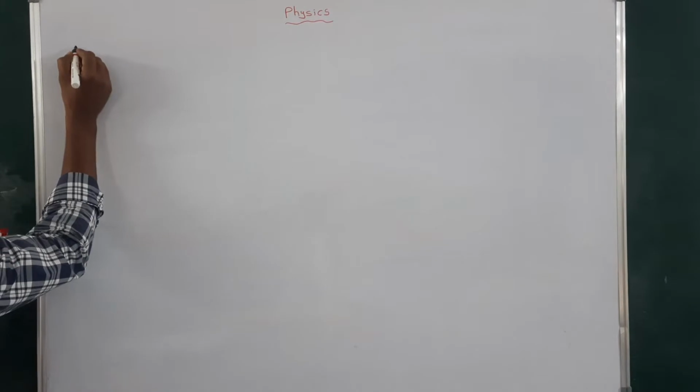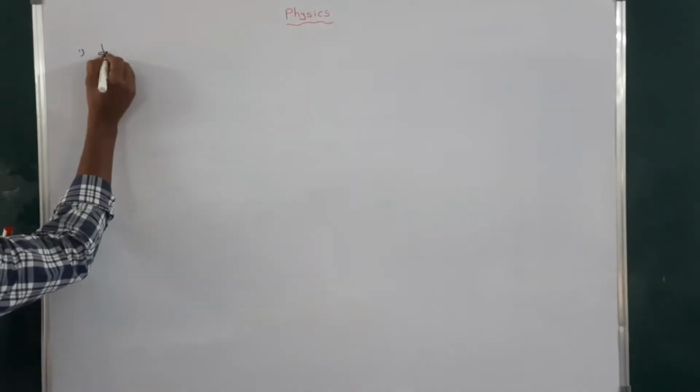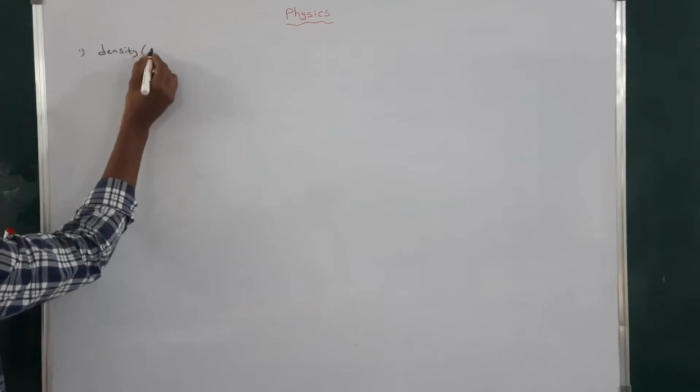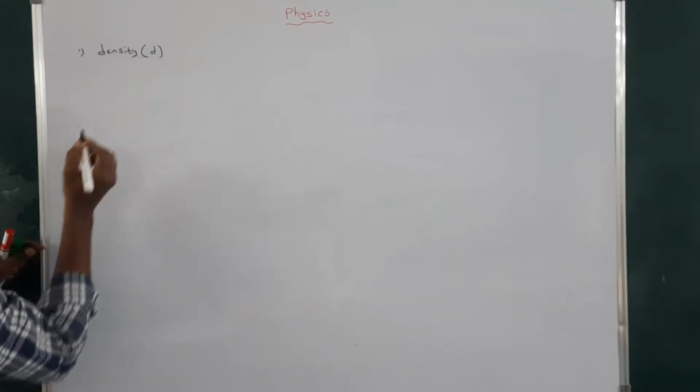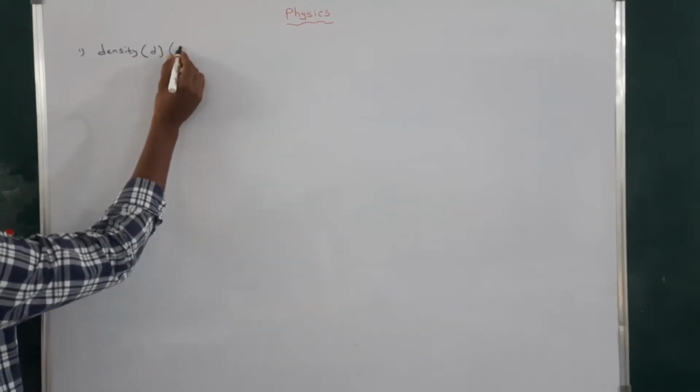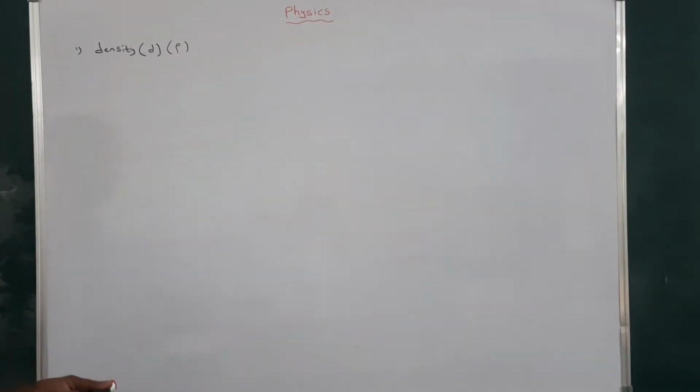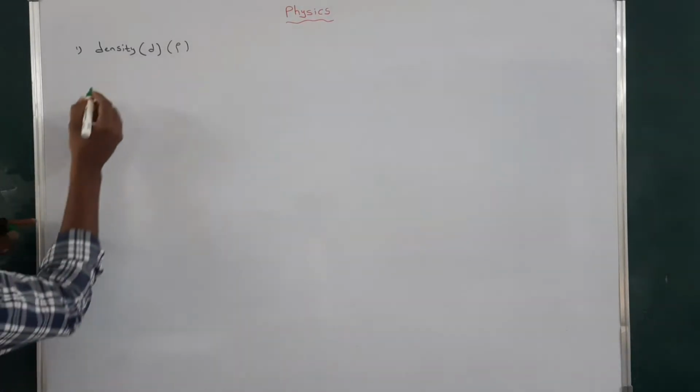So in this class, the first physical quantity is density. Density is represented by d, or it is also indicated by rho. Now we can write the formula of the density.